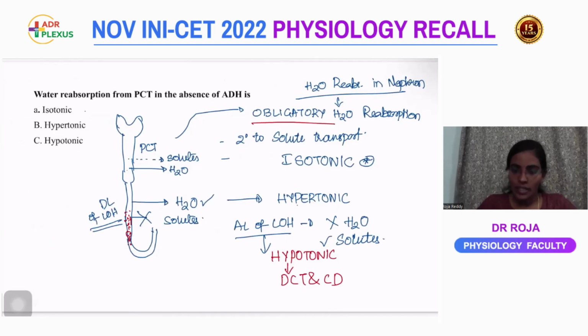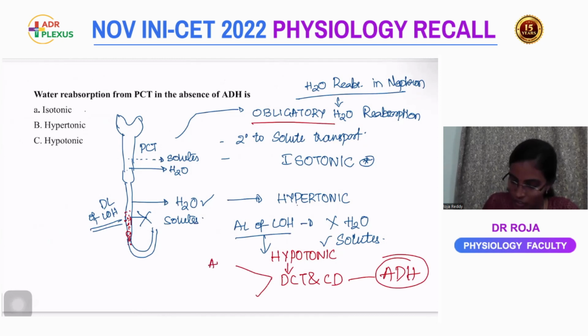Now, in the DCT and the collecting duct, what will happen? Here comes the role of our antidiuretic hormone. So, here two things. At the level of the DCT, if ADH is present, water is reabsorbed.